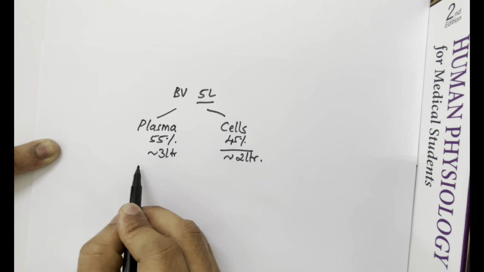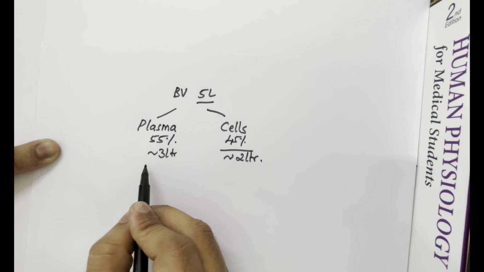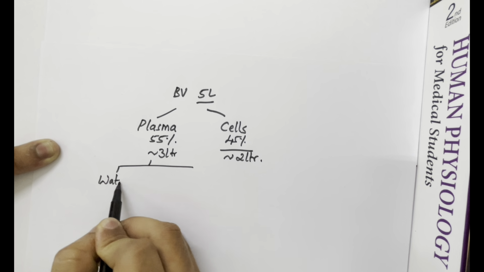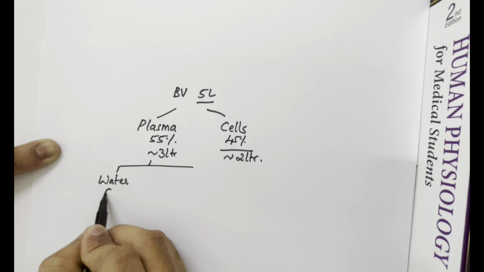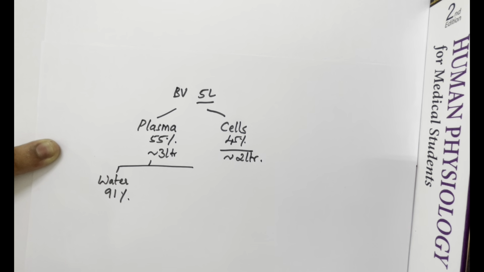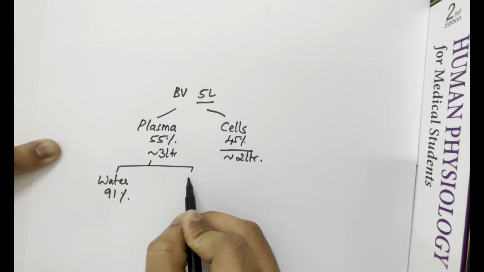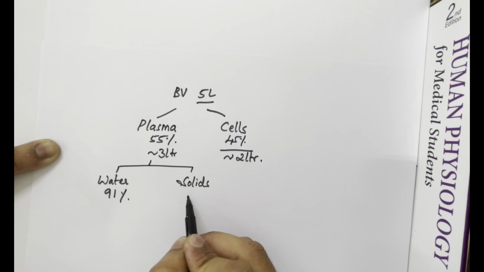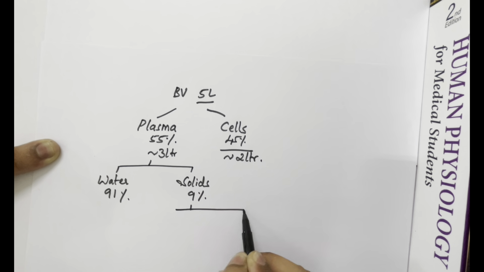Now, what is there in plasma? Plasma is made up of water. Water accounts for 91% of the plasma, and other solids, the water soluble substances, account for the remaining 9%. So what are these other substances present in the plasma along with the water?